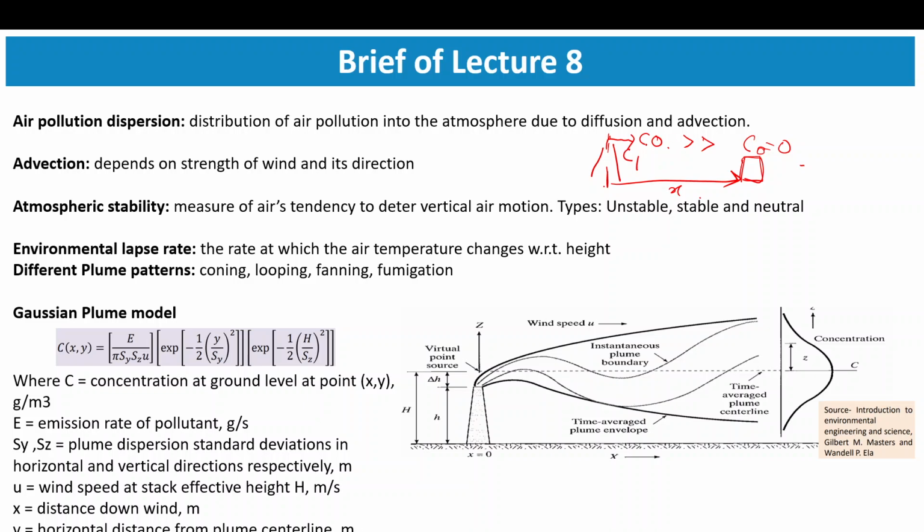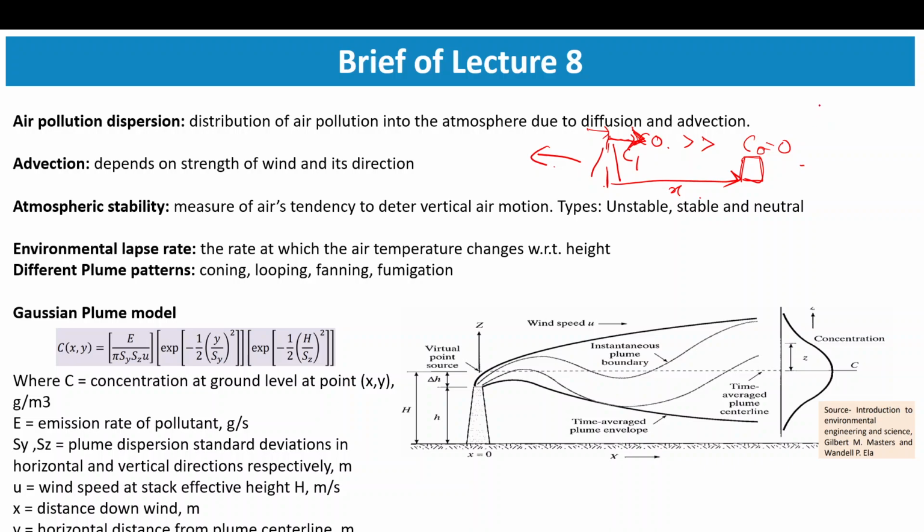Now there could be wind effects also. Say, for example, your vehicle is moving in this direction, so the exhaust carbon monoxide will be going in this direction. If the wind is also moving in this direction, the carbon monoxide will travel more with the wind, because the wind will move faster.